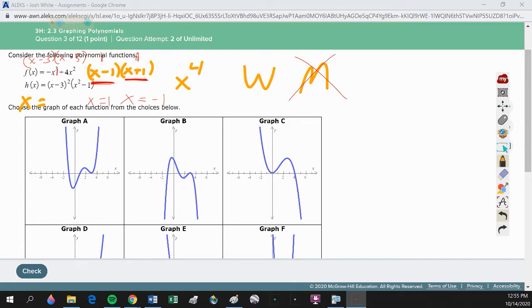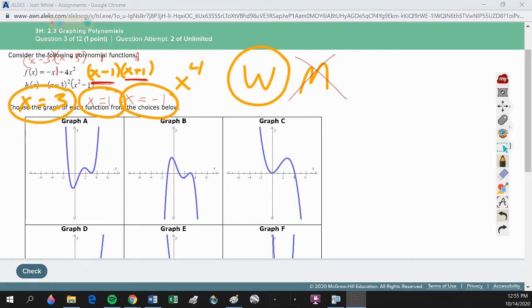So what we need to look for is a w that hits the x-axis at negative 1, at positive 1, and bounces at 3. Is there a W that hits -1, +1, and then does a bounce at 3?